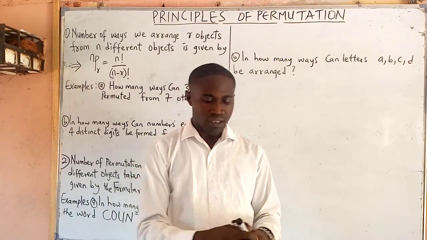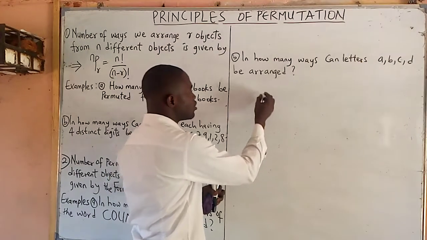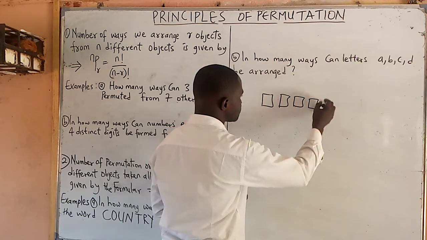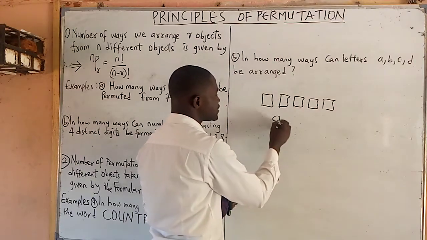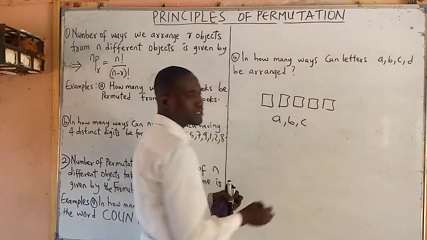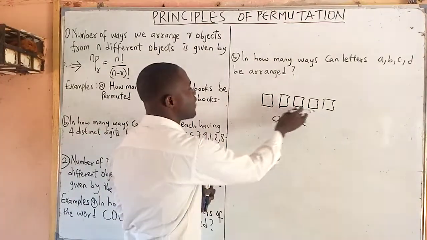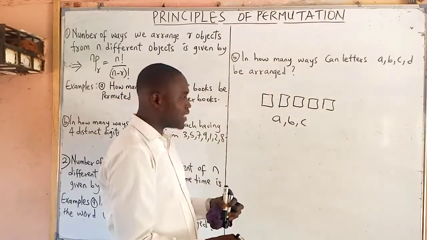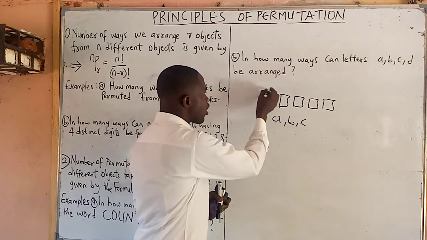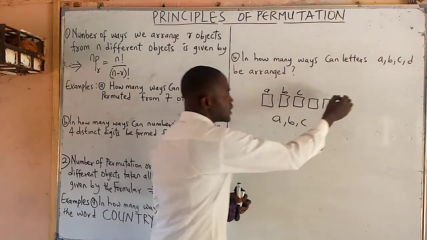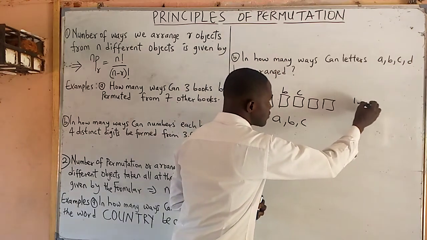What do I mean? Take for instance, they told you that we have 5 empty seats, and we have Mr. A, B, and C to sit on them. There are only 3 persons, so they cannot occupy 5 seats. One will occupy one seat, the next will occupy another, giving you 1 way.